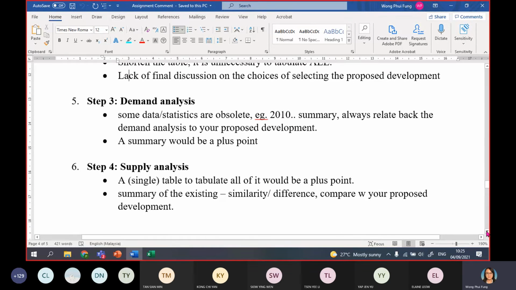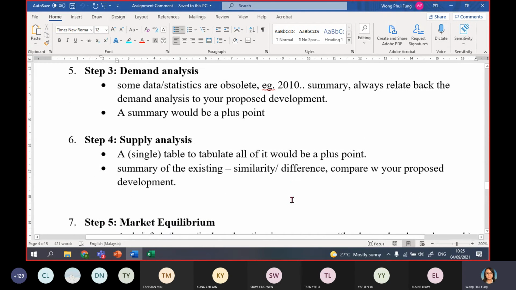Supply analysis, mostly quite okay. Just that you all have the habit, one development, one table. That's why step 4 has many tables. Then the table, you want to paste the picture, I would say not necessary. A single table to tabulate all developments will be a good point.